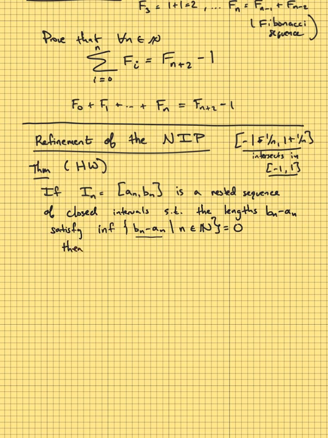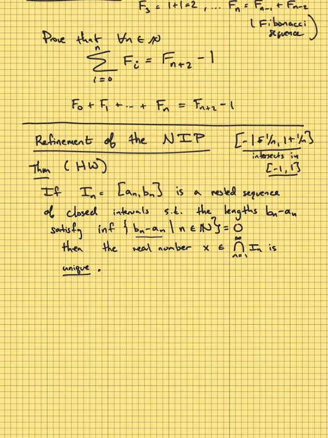Then the real number x in the intersection is unique. Okay, so in other words, the intersection is a single point. Okay, so as I said, that's going to be on the homework.